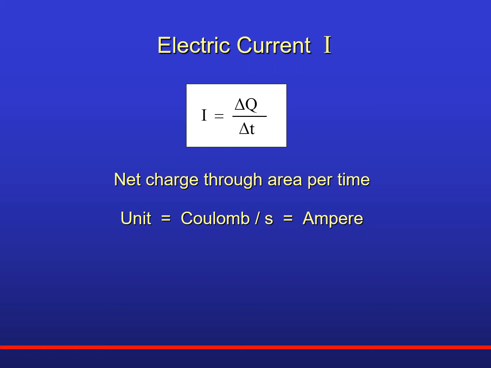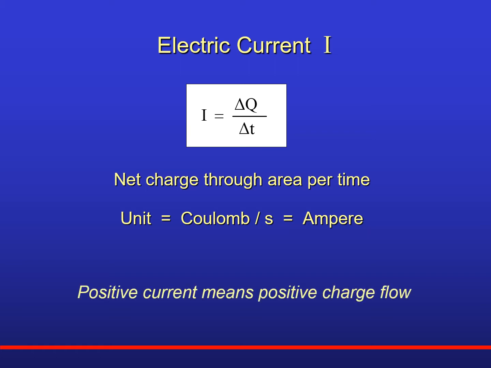Usually it gets truncated. An important thing to notice, current is delta Q per delta T. A positive current means we're referring to positive charge flow. Of course, delta T is going to be positive, so delta Q is positive for a positive current.